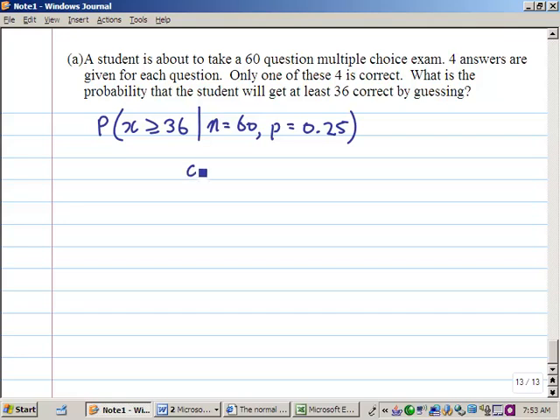Okay, so check for the normal approximation. Alright, n is large, so that's the first thing we think of. Well, actually, in general, we can think of either of 2 things. Either think of the Poisson approximation or the normal. For the Poisson approximation, the p would be tiny, or p would be large, so its complement would be tiny.